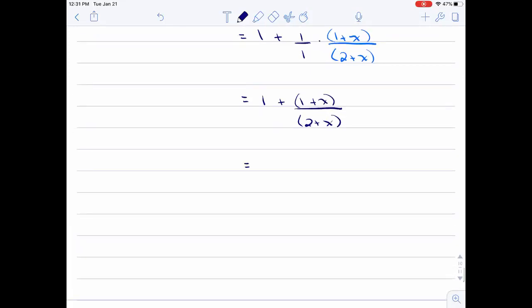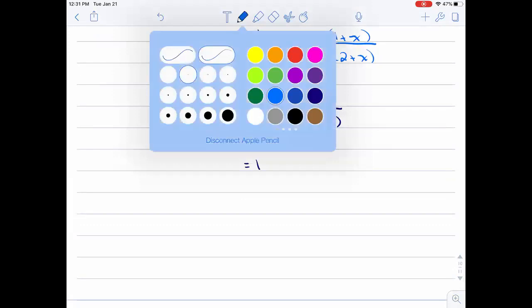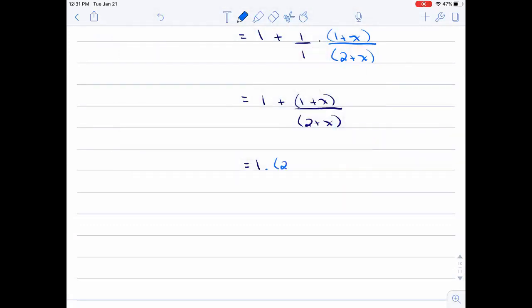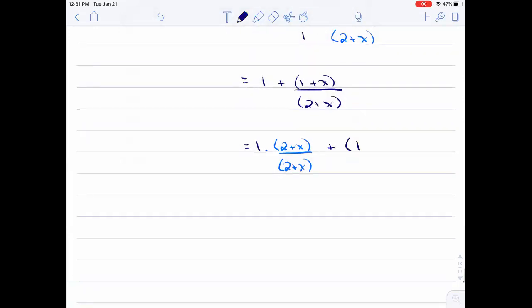So this is going to be 1 and then times (2 plus x) over (2 plus x). Convince yourself that (2 plus x) over (2 plus x) is just 1. Right? 1 times 1 doesn't change anything. So that's why it's allowed. Plus (1 plus x) over (2 plus x).